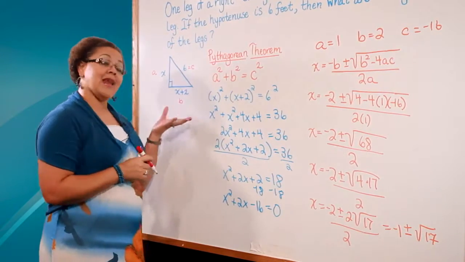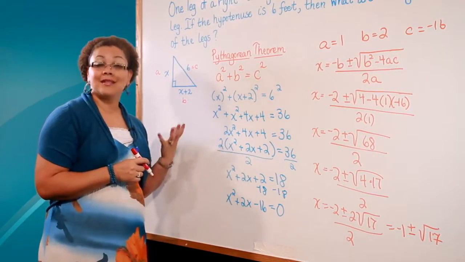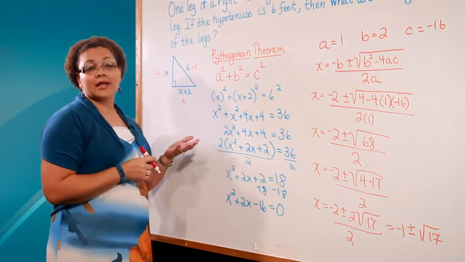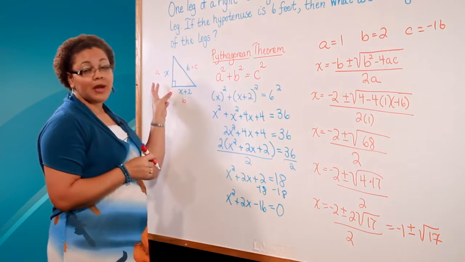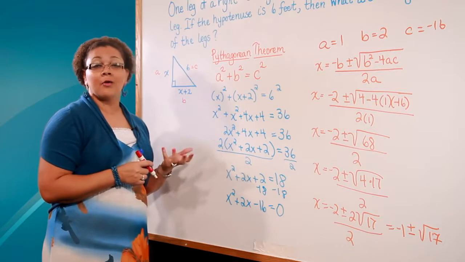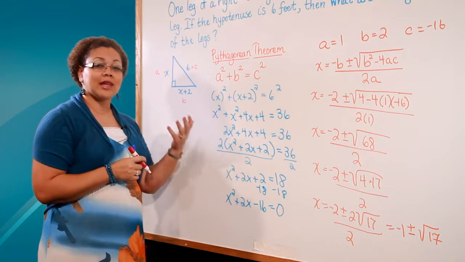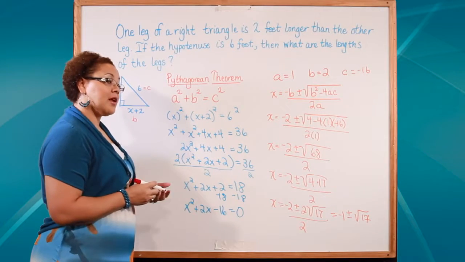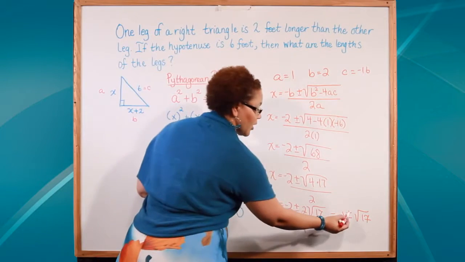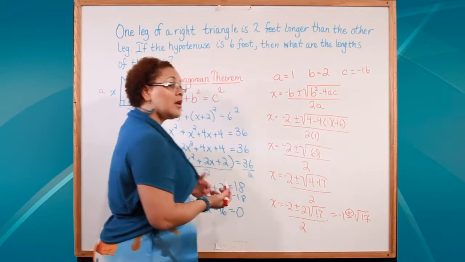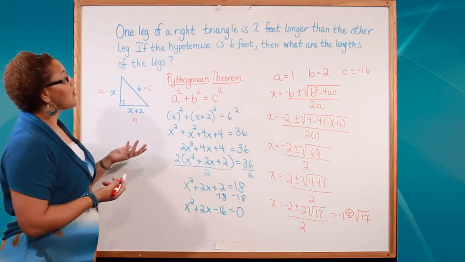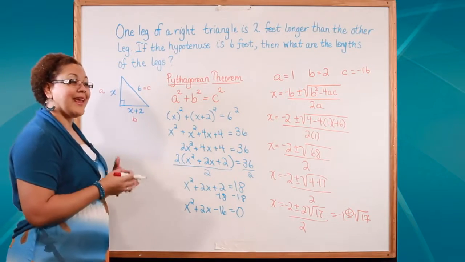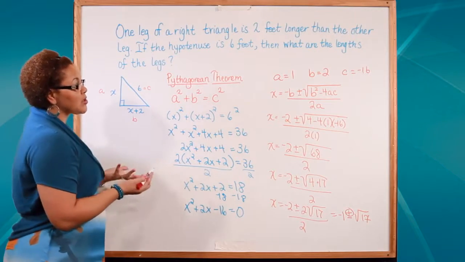And as you know, in an application, it has to make sense. And it would not make sense for the length of either side of my triangle to be a negative value because we don't measure distance or lengths in negative numbers. So the true solution is -1 plus the square root of 17. So let's leave our problem as we were asked in the correct units and in the correct expression.